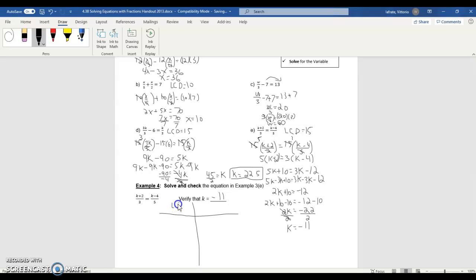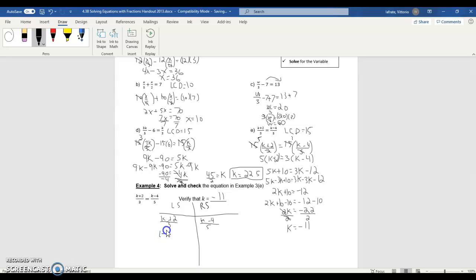And remember, if our solution is correct, the left side and the right side should be equal when we put the k value into both sides. So we have (k plus 2) over 3, and on the right side we have (k minus 4) over 5.